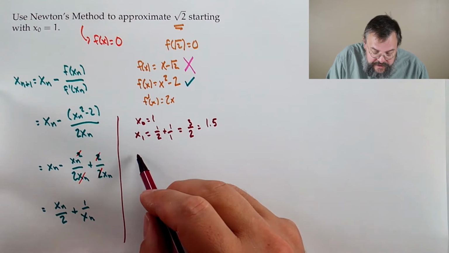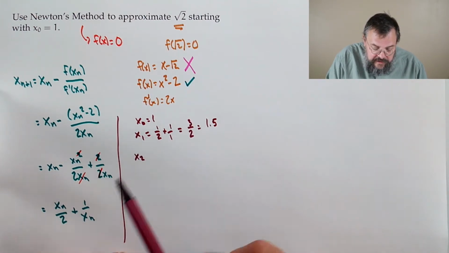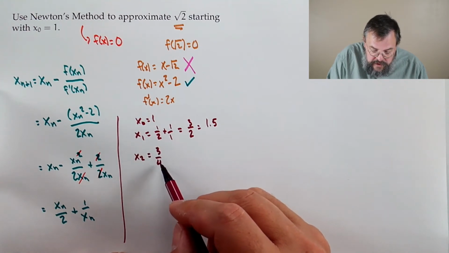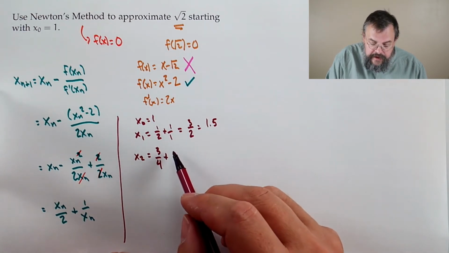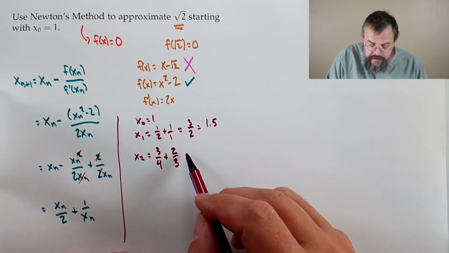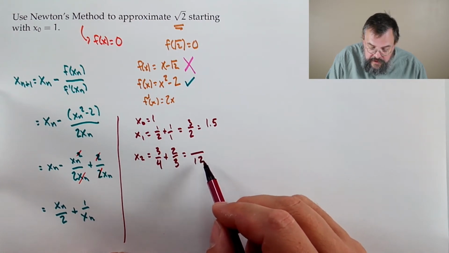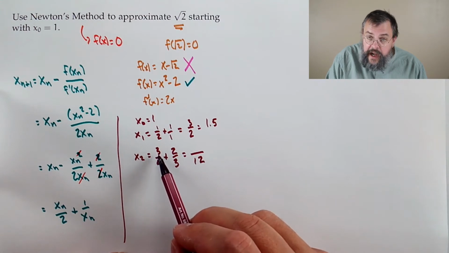Okay, how about x2? So the rule is take the current guess, divide by 2. So that would be 3/4. Add to that the reciprocal of the current guess. So flip it over, 2/3. Well, here we see common denominator is 12. Then we'd have to multiply the first term by 3. That would give us 3 times 3 is 9.